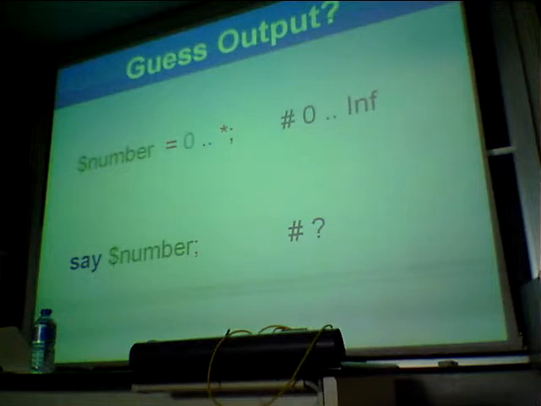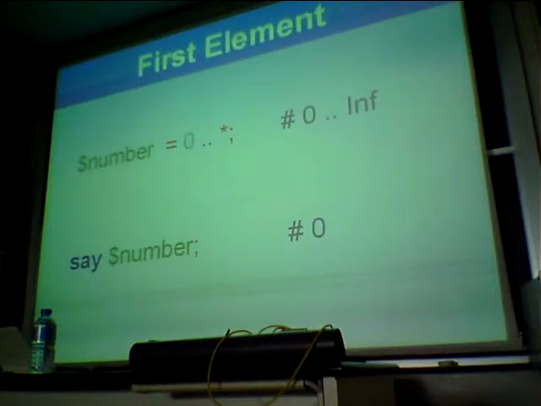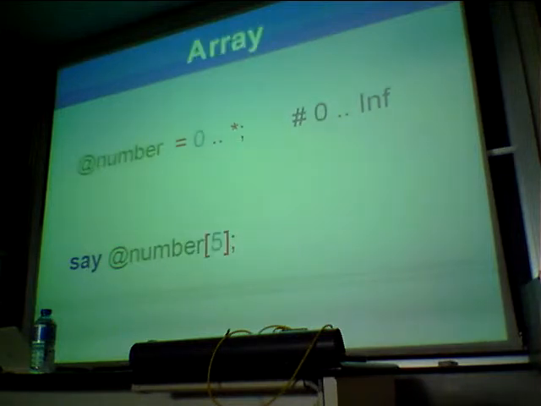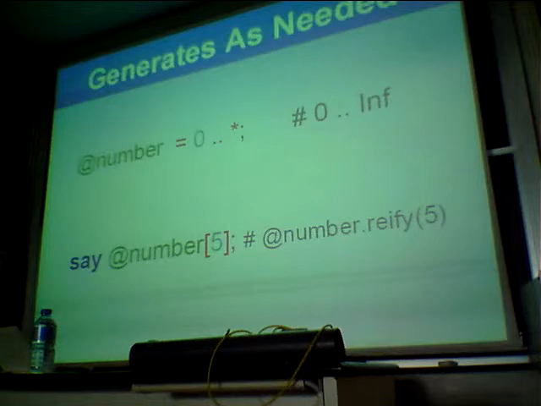Of course, if you put this infinite list in a scalar, you have the 0 because it's the first element, but we learned that already. All right, let's skip. The reify is a method to generate new ones. You can also call that if you want.